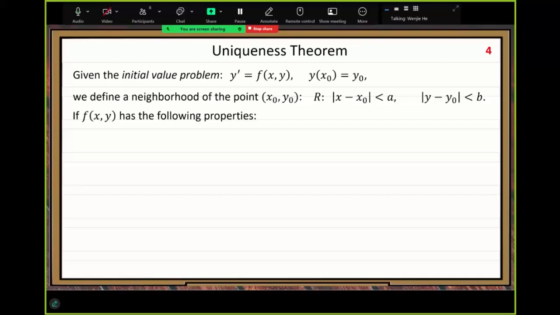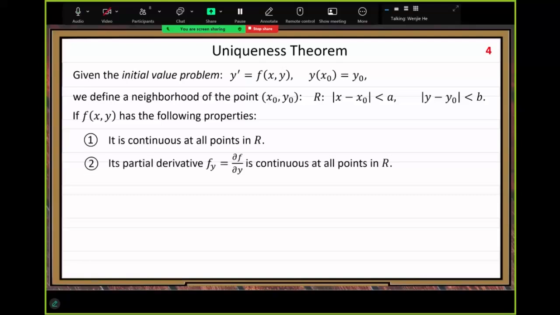Let's only look at the condition part. Condition 1: the f function is continuous at all points in R. This is the same as our existence theorem, so no change on condition 1. But condition 2 is different.